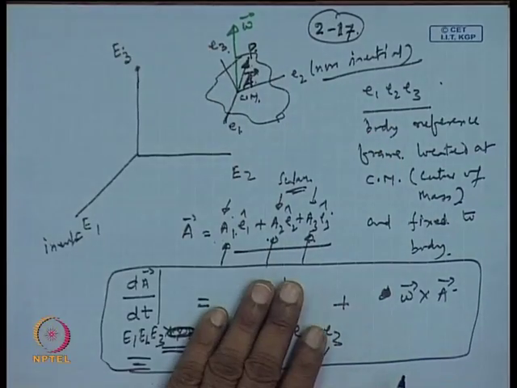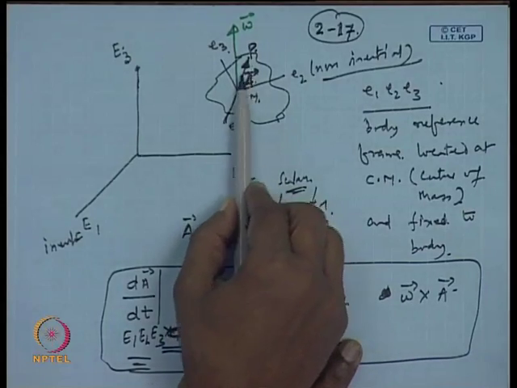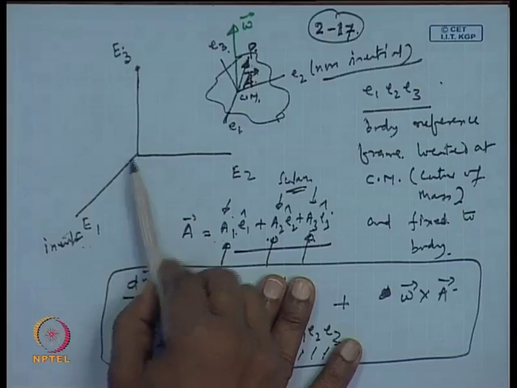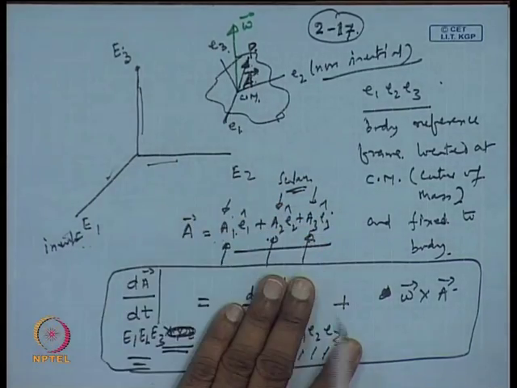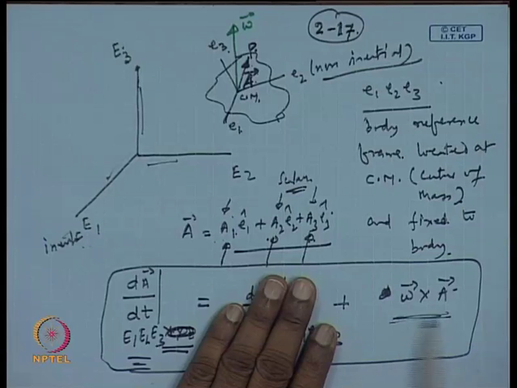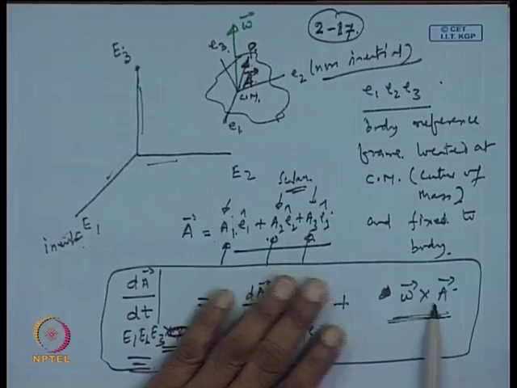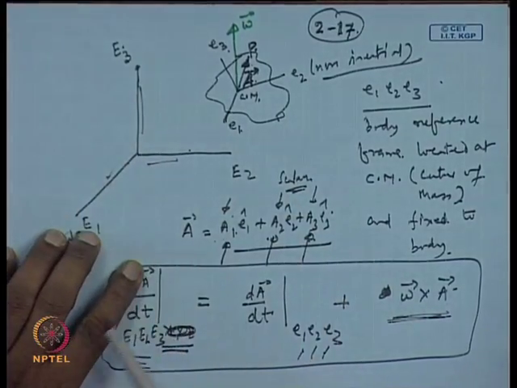Okay. So, this quantity will become 0, and therefore, the components of this vector as you see from the inertial reference frame, along this direction, this direction, this direction, will be given by omega cross A. So, write it in terms of components, break it up, and that will provide you the components along this direction, this direction.